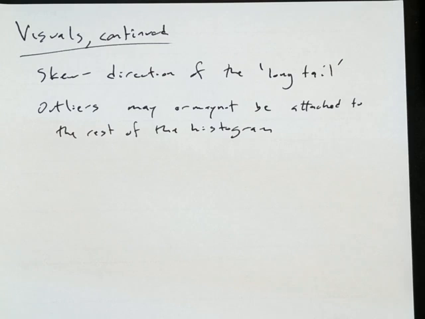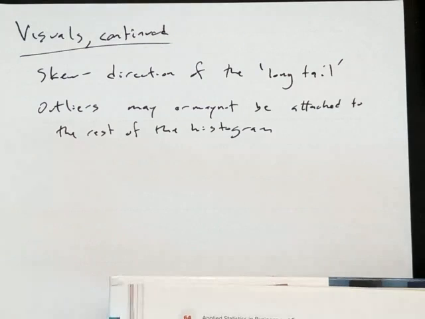I said it was a line graph. I could replace this with dots at the top of each bin and create a frequency polygon on that histogram. So here's the shape of the histogram, right?